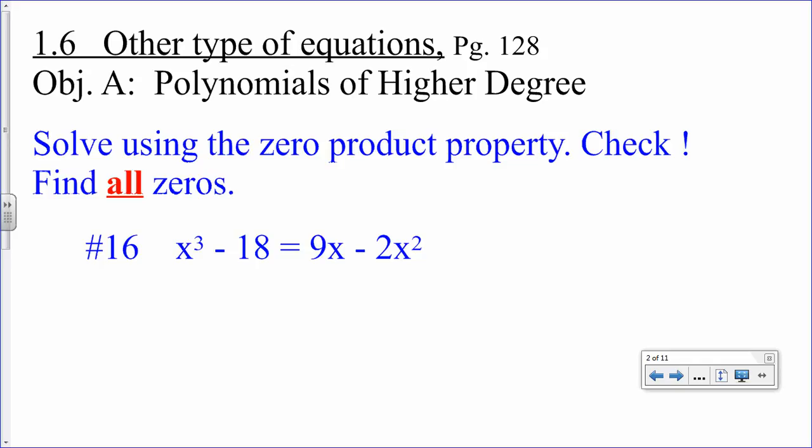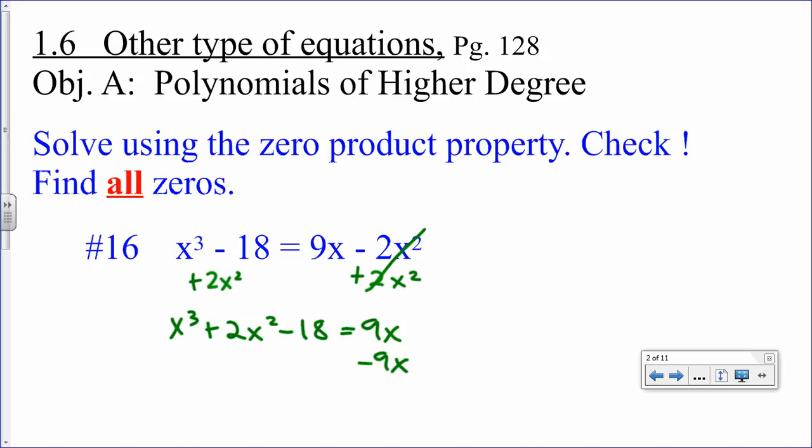So I'm going to add 2x squared, and then subtract 9x. And I'm going to put it in the correct order so it's in standard form.